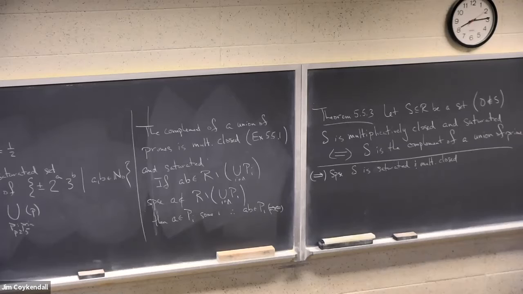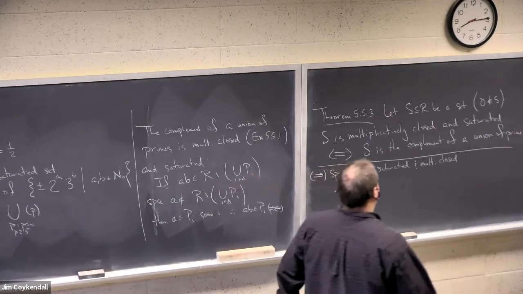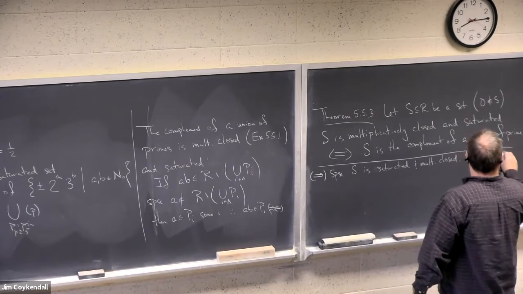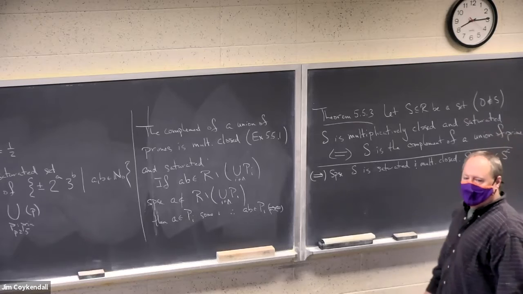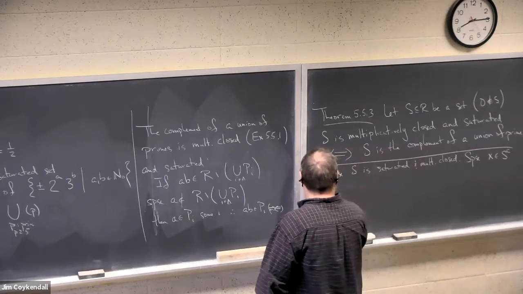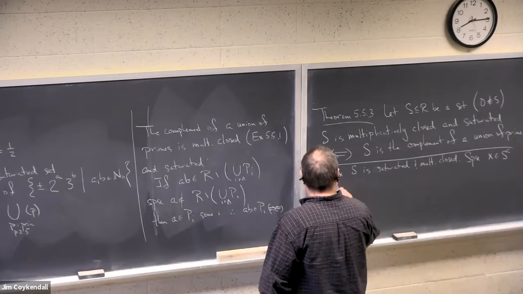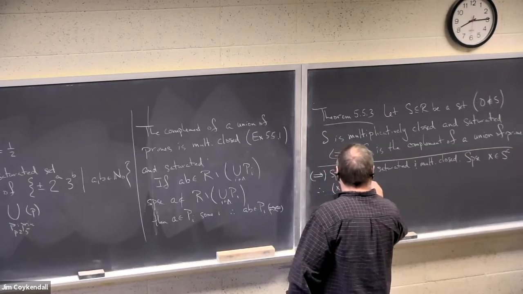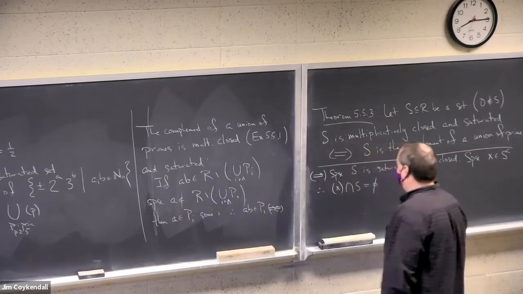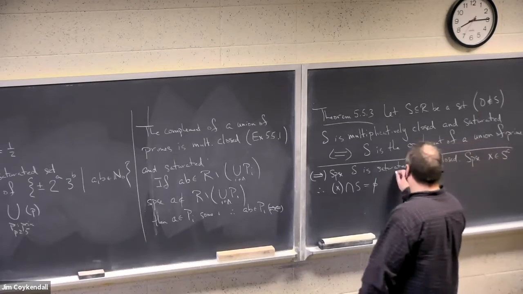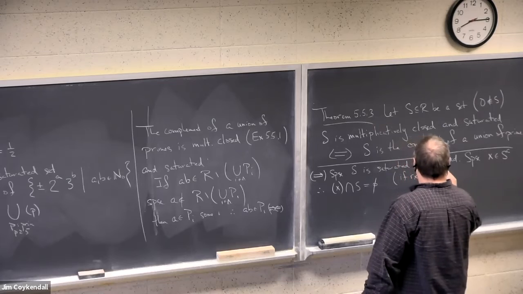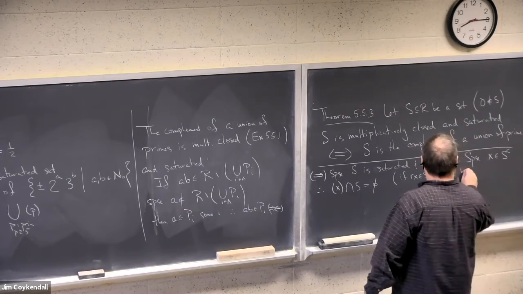So let's suppose that x is in the complement of S. Therefore, the ideal generated by x, intersect S, is empty. Because if Rx meets S, this implies x is in S by saturation.